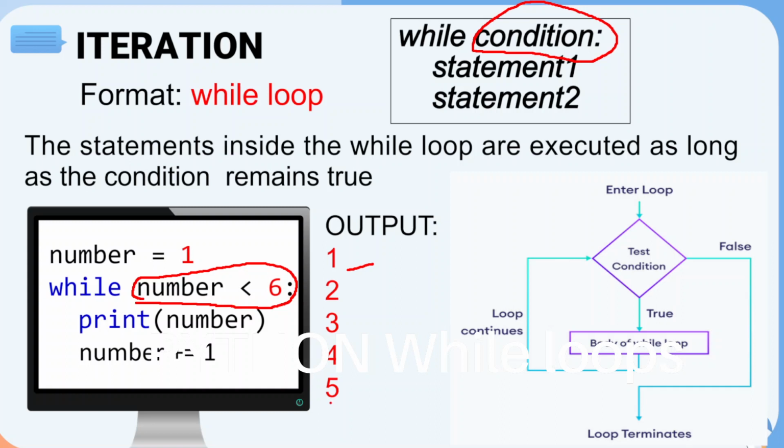As you can see here, it already stopped at 5 because 5 is actually less than 6. And if you want to display it as 0, 1, 2, 3, 4, and 5, then you have to change this into 0.